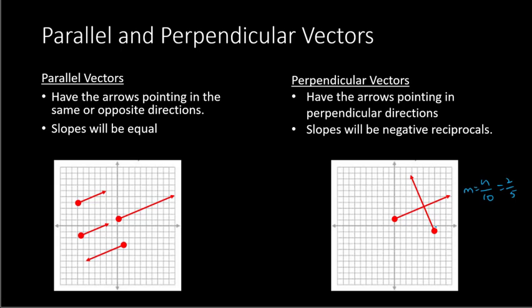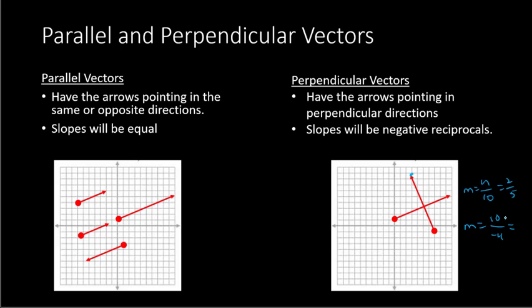Now the other vector right here, again, rise over run. So we're going to go up, and it actually goes up 10. Then it goes to the left 4, which would be a negative 4 for the x direction.